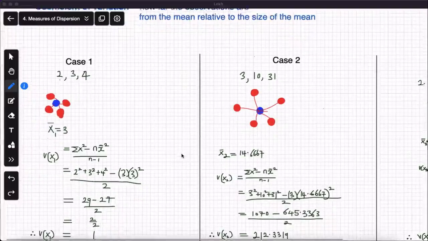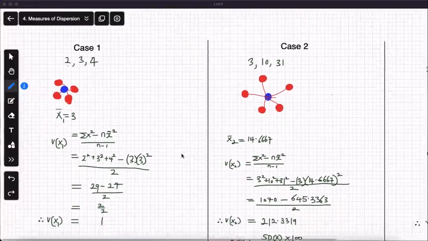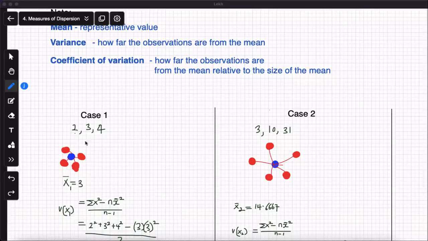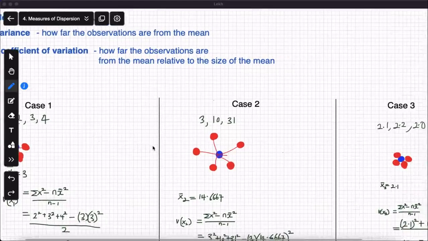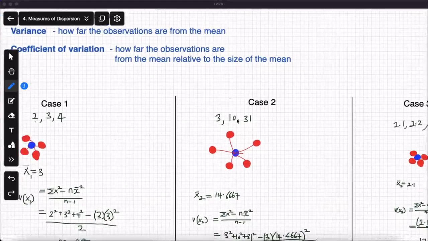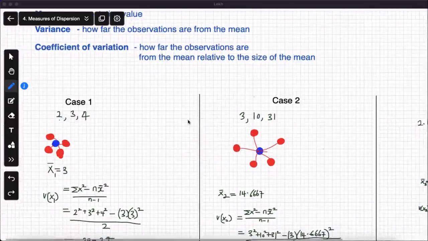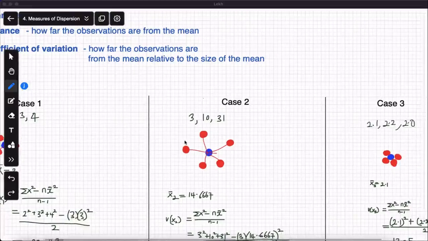So now we consider the variance, how far the observations are from the mean. Evidently, the variance in case 3 will be less than in case 1, and the one in case 1 will be less than in case 2. Let's look at that now.